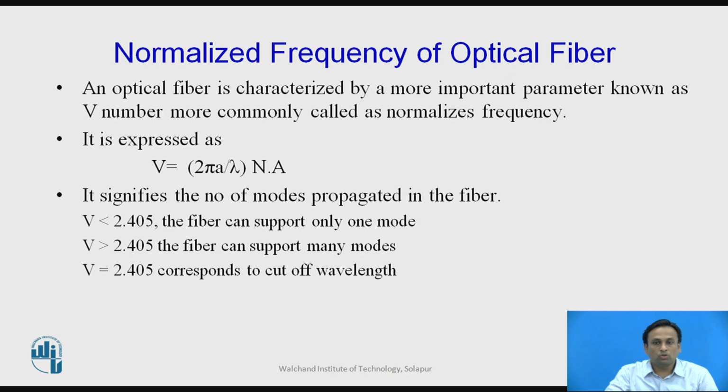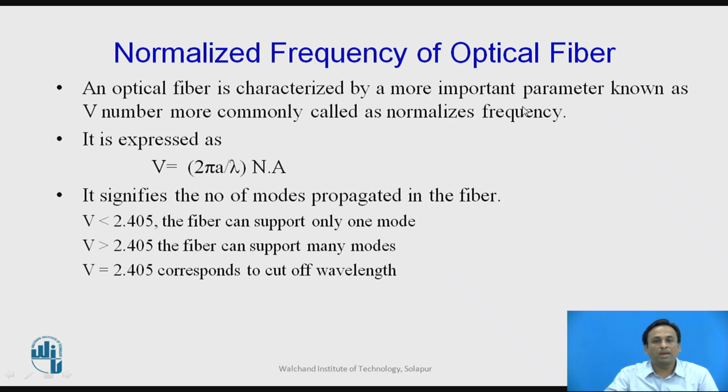When you are going to incident the light on the optical fiber, that is known as the numerical aperture. On the acceptance cone, at which angle you incident so that there will be a maximum gathering of light inside the optical fiber. Depending on that, we need to calculate the normalized frequency of an optical fiber.